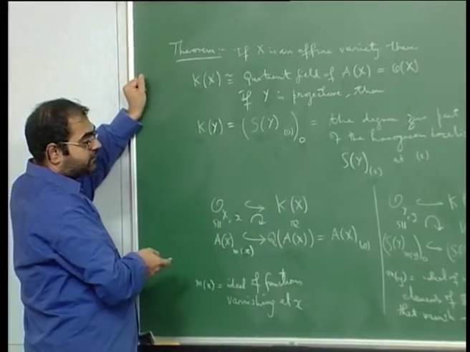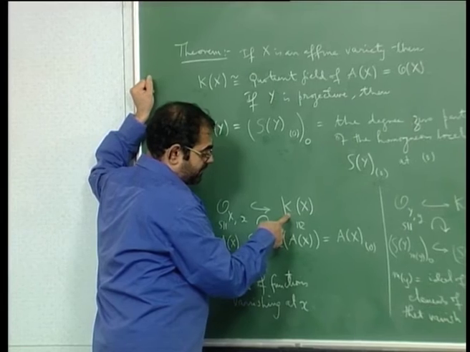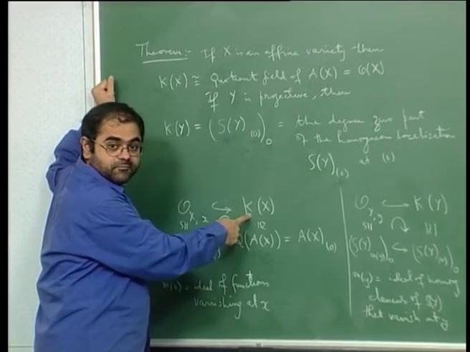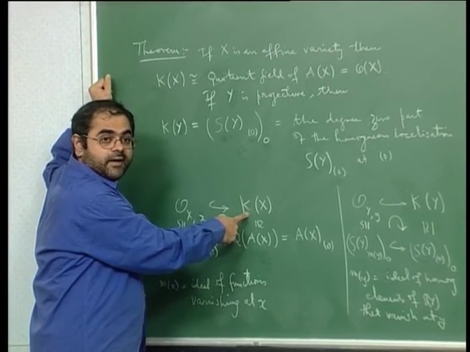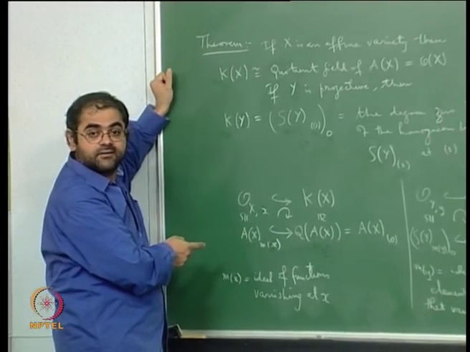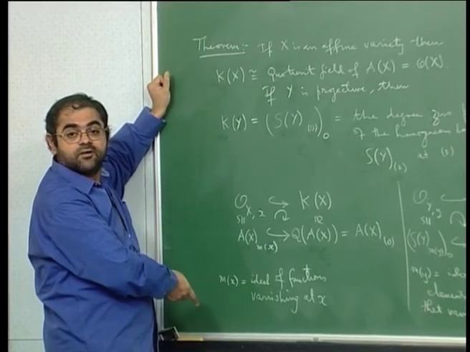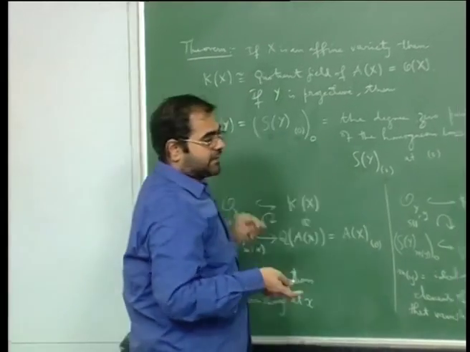The fact is that, of course, the function field is an extension of the base field small k, and the transcendence degree of the function field of a variety over small k will give you the dimension of the variety. So that's also true.